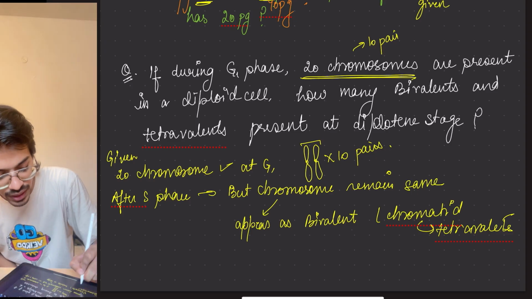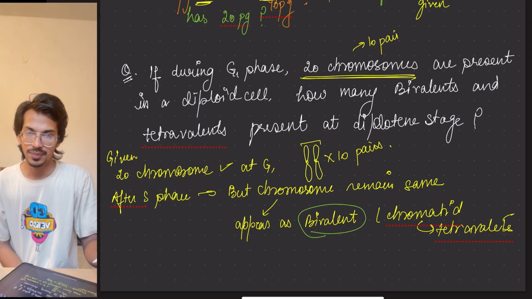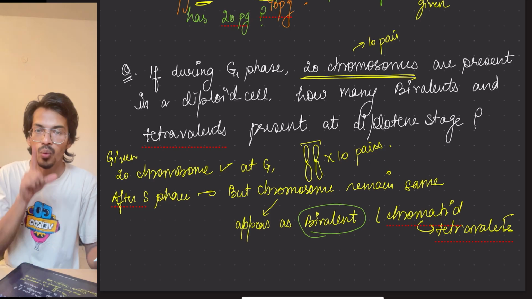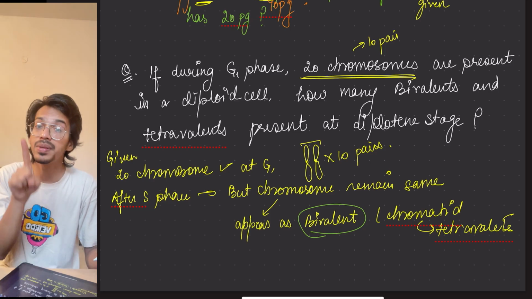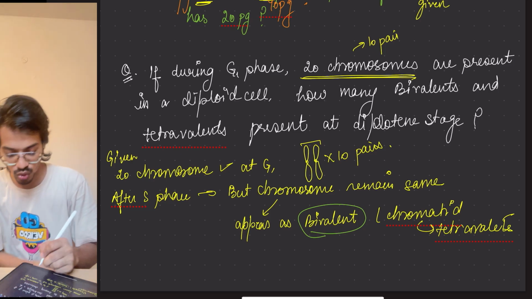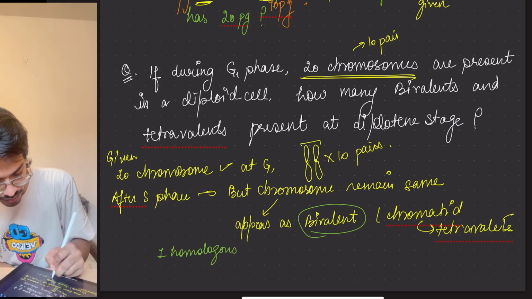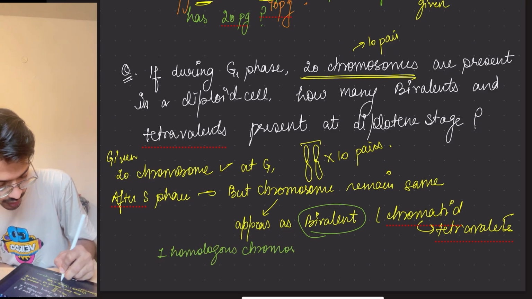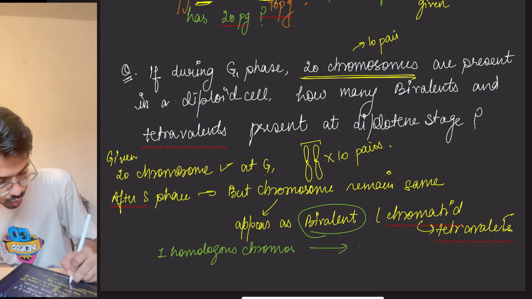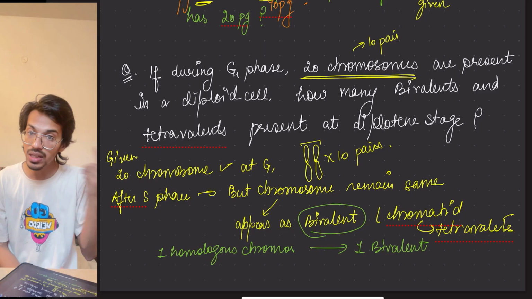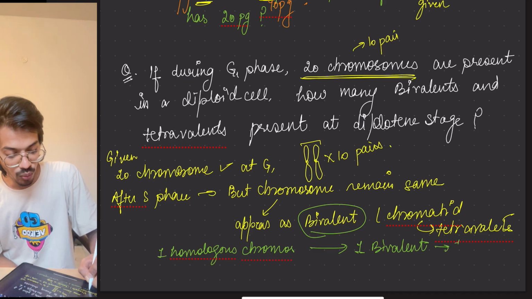Now, how many bivalents will be present? Bivalent means one homologous pair represents one bivalent, and similarly it represents one tetravalent.